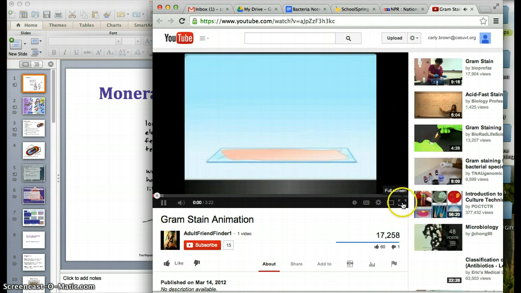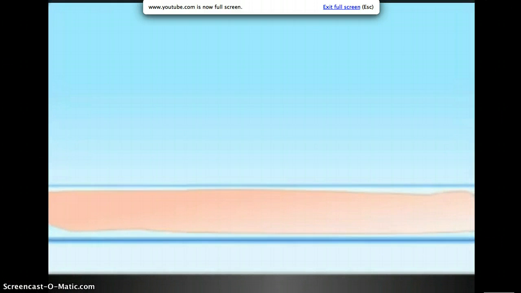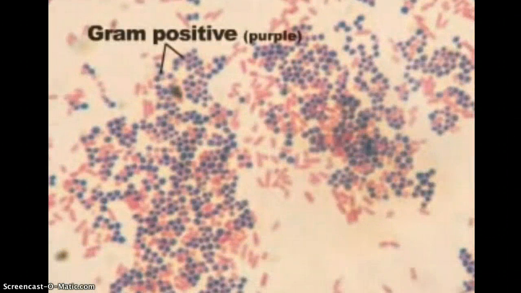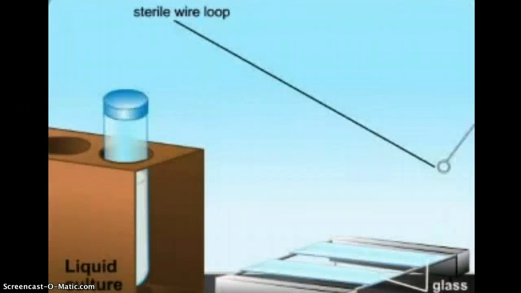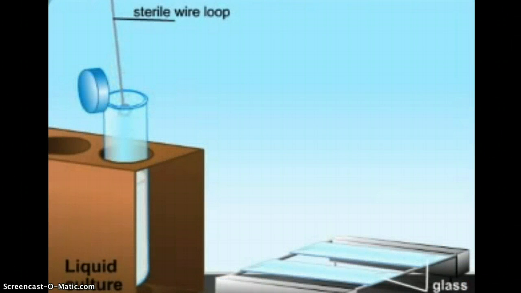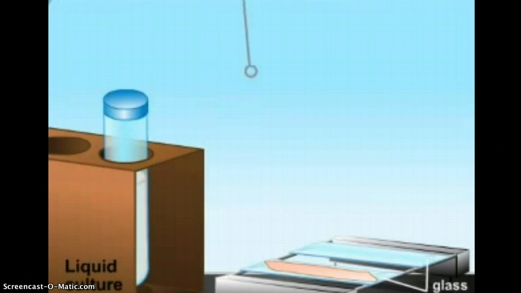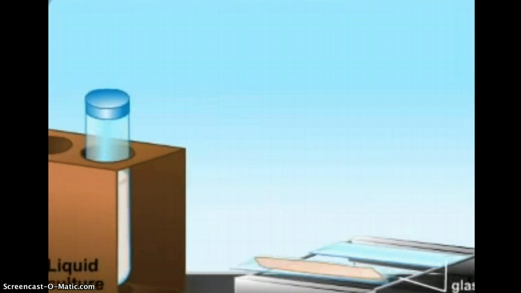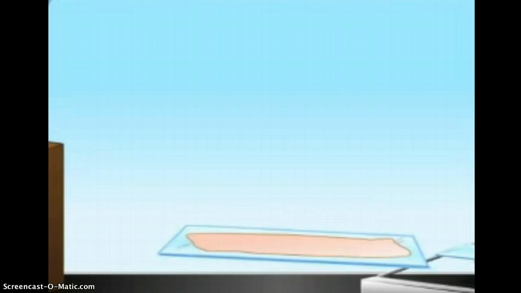The gram stain is the most widely employed staining method in microbiology. It is a differential stain because it divides bacteria into two classes, gram-positive and gram-negative. In the first step of the gram stain procedure, cells from a fresh culture are transferred to a clean slide and allowed to dry. If the cells are on an agar plate, they should first be transferred to a liquid medium for dilution.